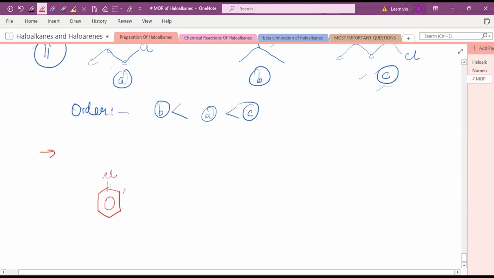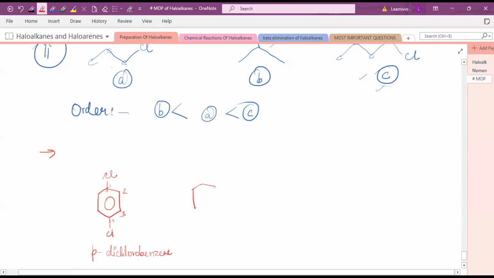So one, two, three, and this is your fourth carbon, right? So this is your para dichlorobenzene.